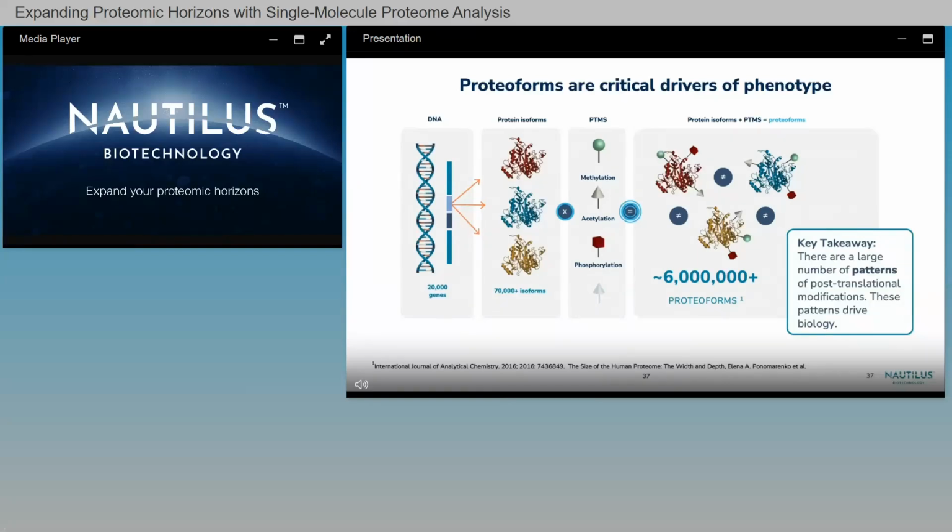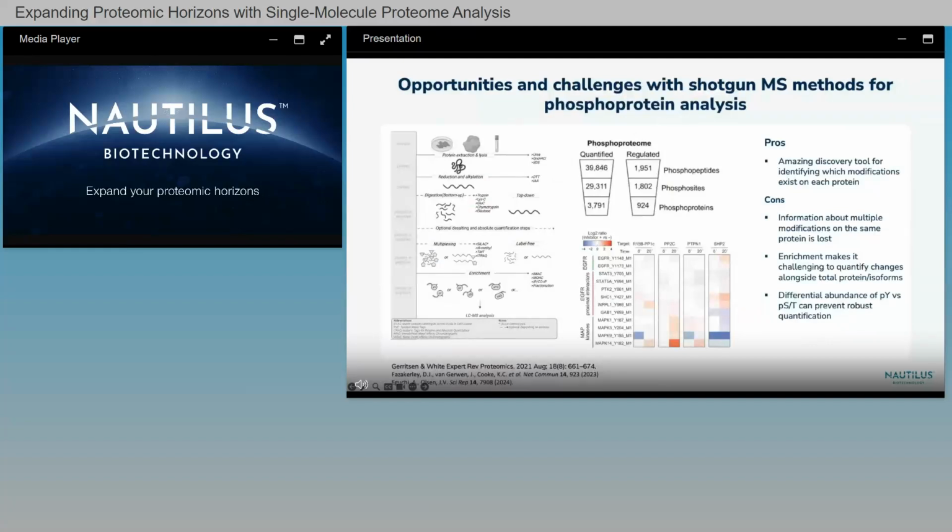Now, when we look at existing techniques, oftentimes those techniques are looking solely at the presence or absence of post-translational modifications. They aren't looking at full proteoforms, the exception to this being top-down mass spectrometry.